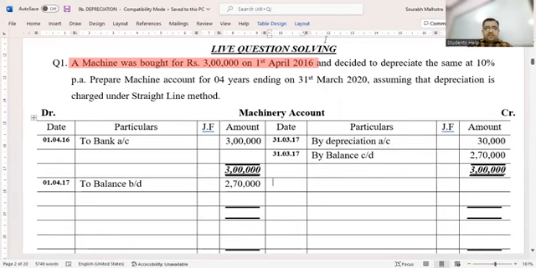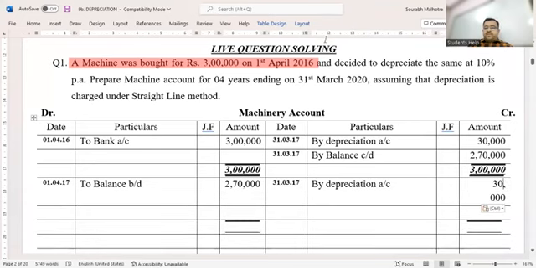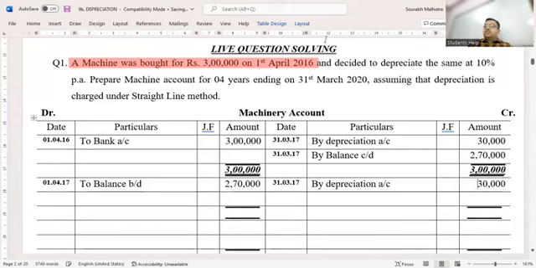And the method that we are using is what, children? Straight line method. And the peculiarity of the method is that every year the amount of depreciation would remain the same. Any doubts? Understood this? So we'll write by depreciation 30,000 rupees.